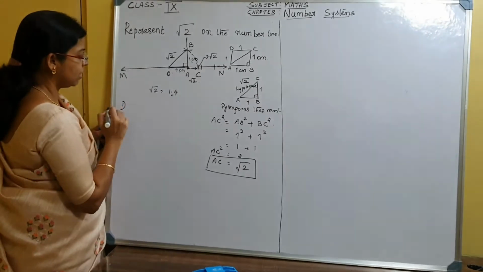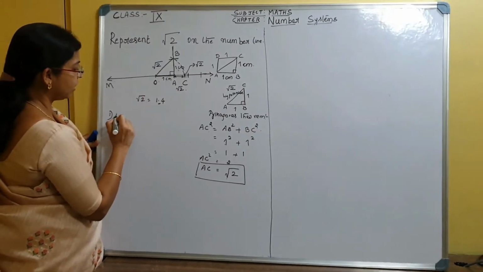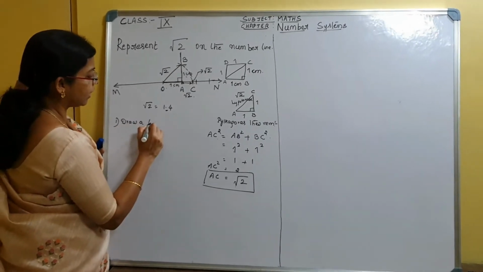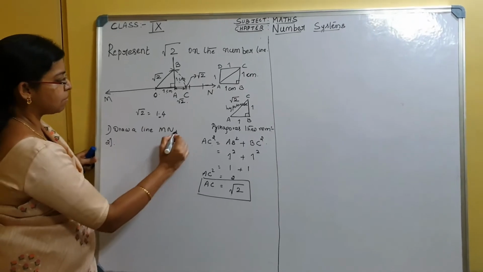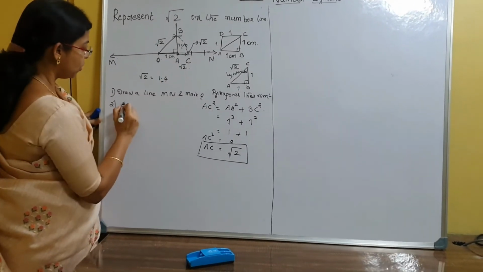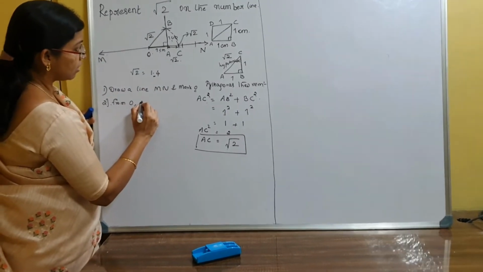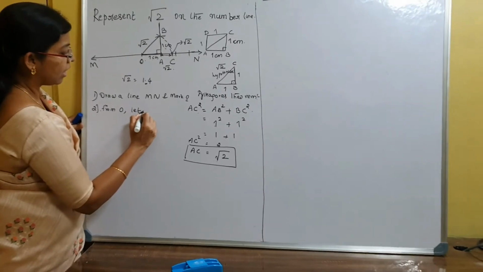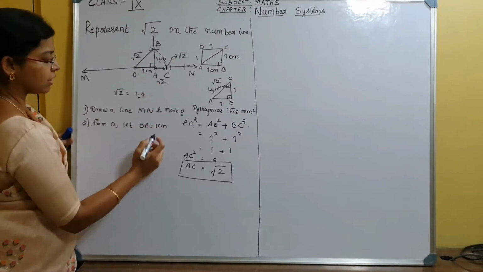So now we will summarize what we have done in the construction. Draw a line MN and mark O. From O, let OA be equal to 1 centimeter.